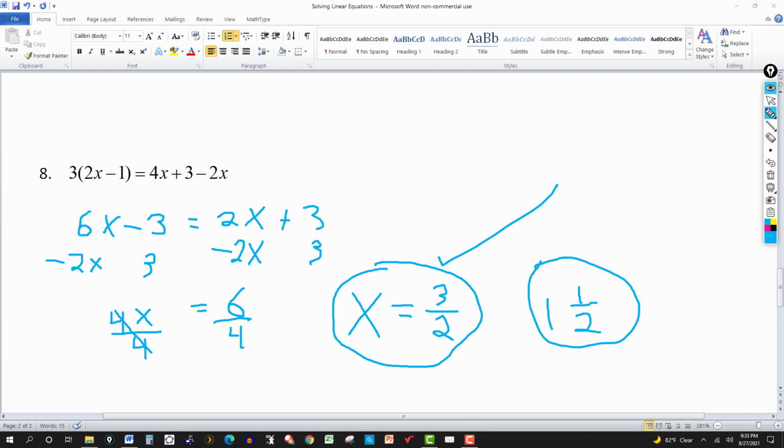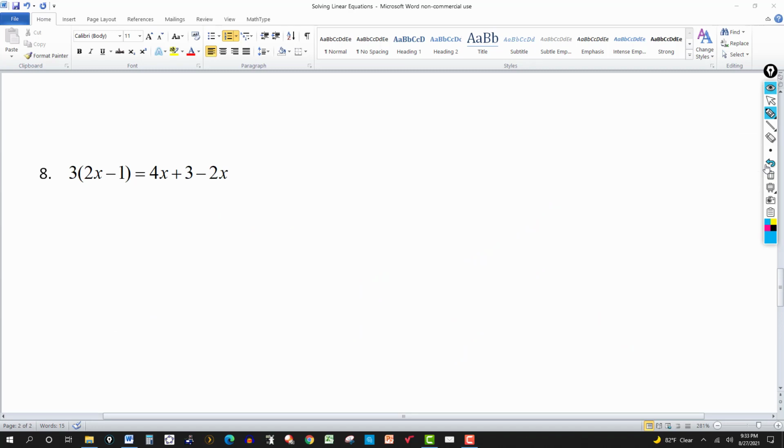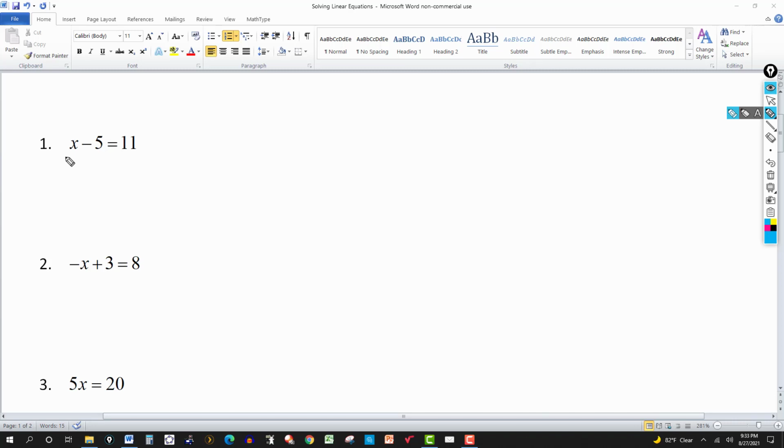Now those are the main steps. Now I'm going to go back and just go through some shortcuts, based on the procedure that we did. Here's the way it works. Solving the equation, we want the x's on one side, the numbers on the other side, and we want the answer in simplified form. So I have x minus 5 is equal to 11.